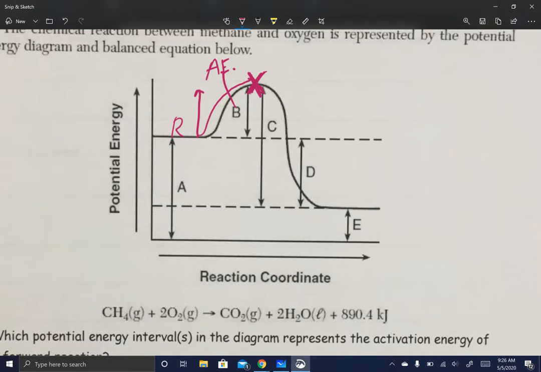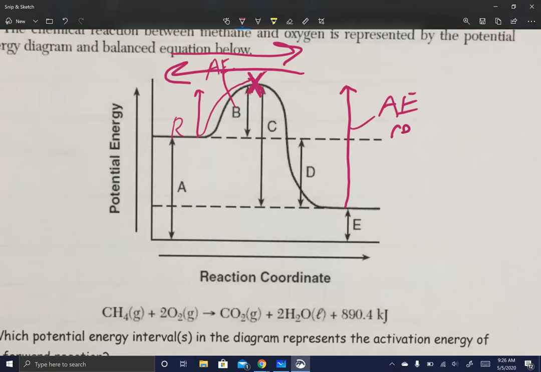That's going from left to right, the forward reaction. A lot of reactions are reversible, so we can go backwards, which is actually equilibrium, what we'll start talking about tomorrow. If you want to go from the products up to the top of the curve, which is C, that is the activation energy for the reverse reaction. So you start as a product and go back to being a reactant.